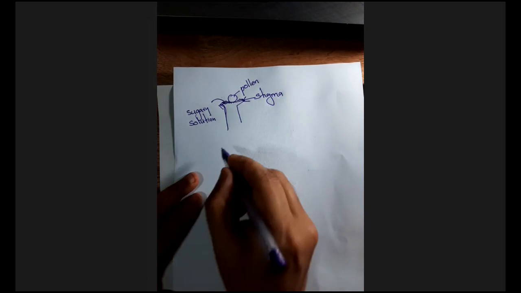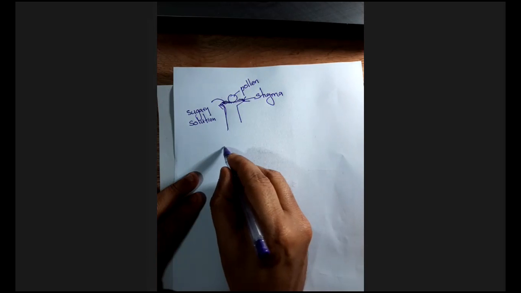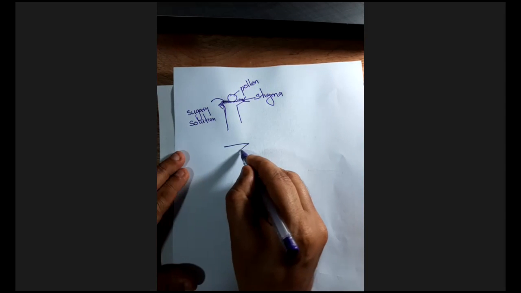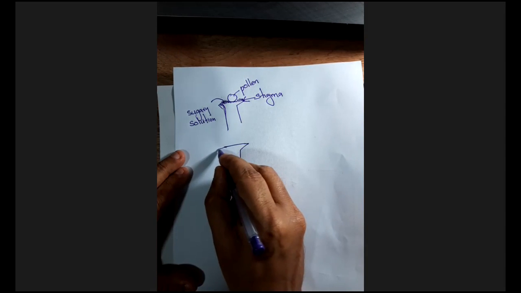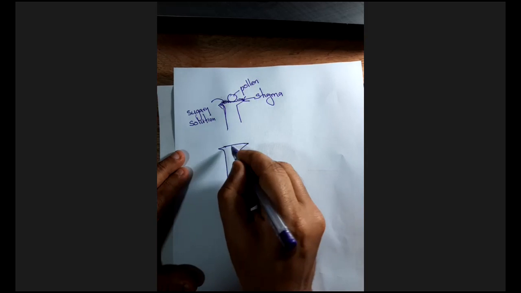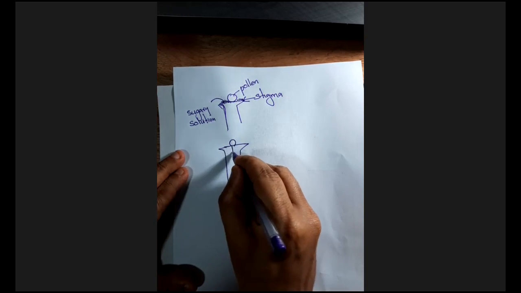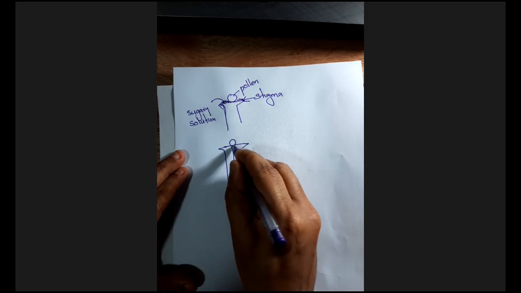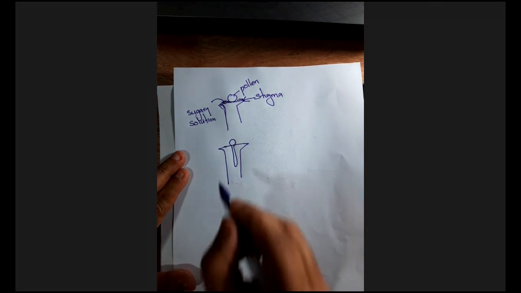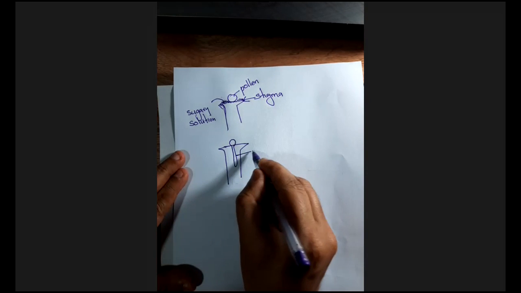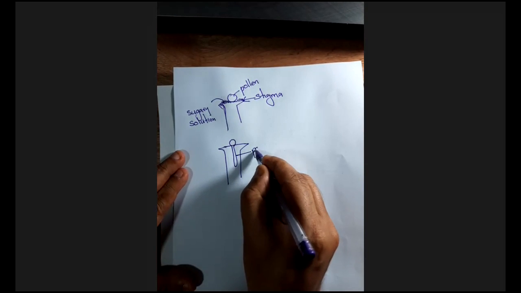Stimulated by this sugary solution, pollen will start to grow out. When the pollen is growing, from the pollen a tube will be growing like this. And this tube is called pollen tube.